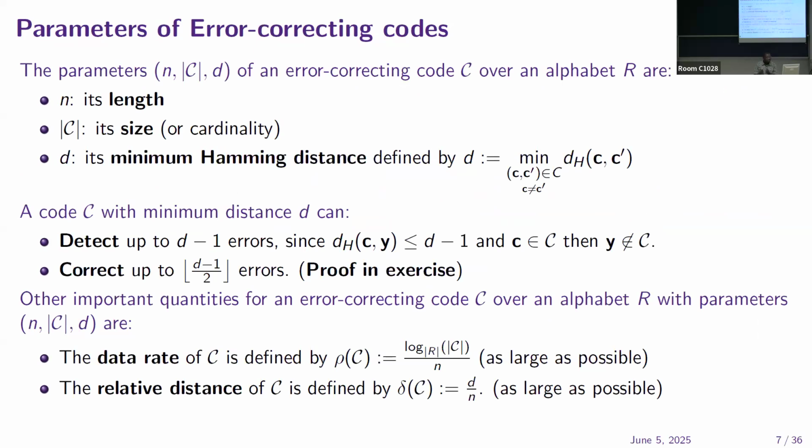A code is optimal if these quantities are large.